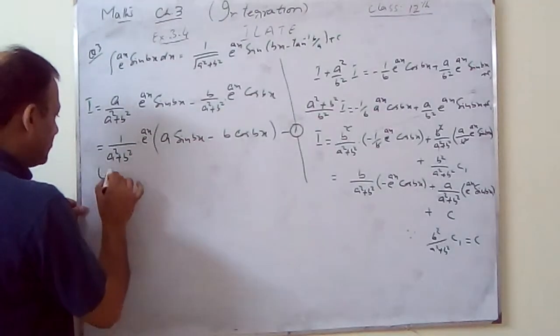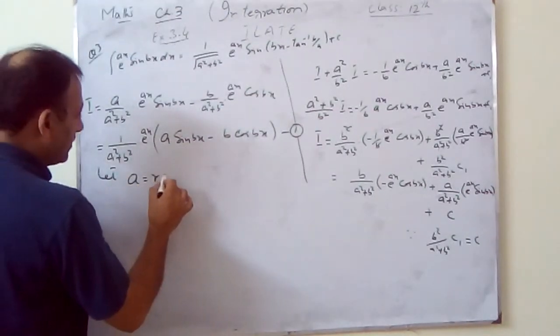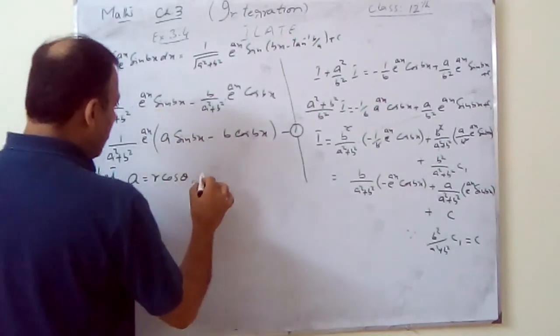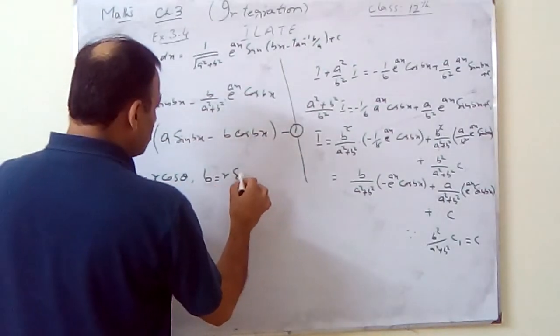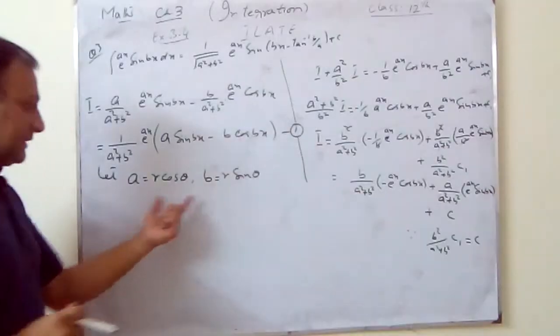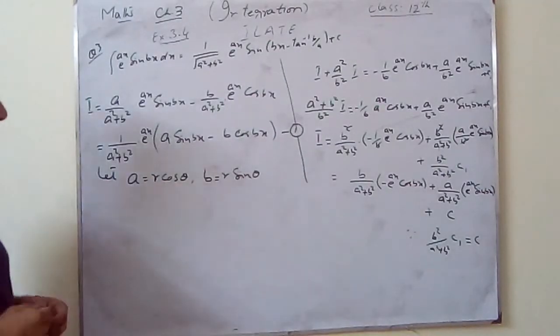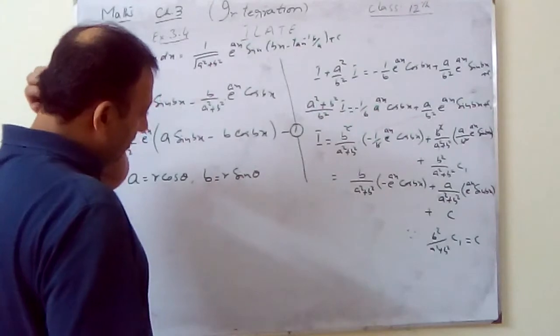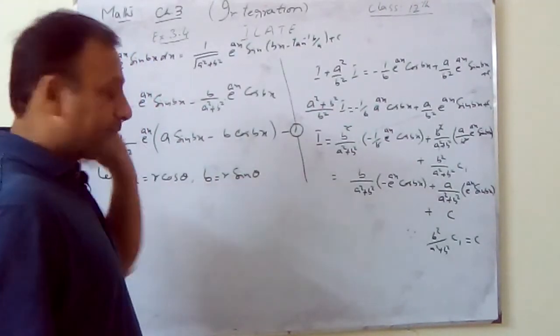Suppose let a is equal to r cos theta and b is equal to r sin theta. This is like the polar form, polar coordinates, which you have already done in the first year.